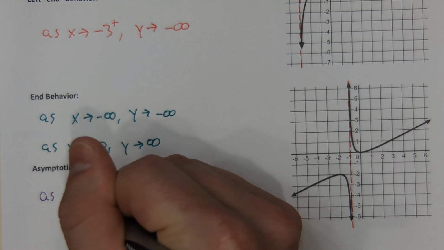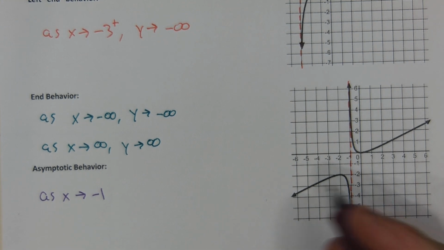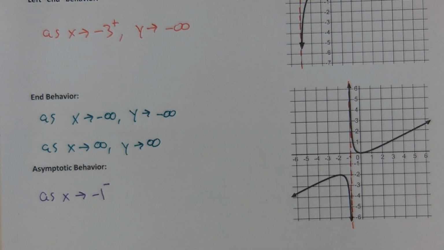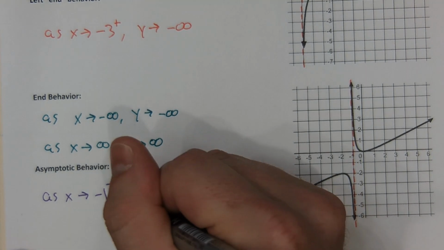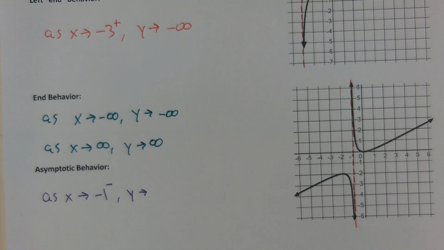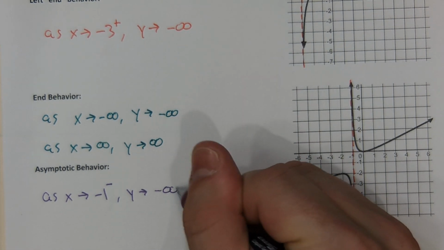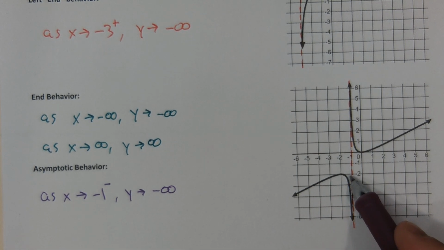As x approaches the number -1, but on the left side of -1, little minus sign means to the left of -1, so you'll never quite get there, but you'll always try. Your y values are heading towards down, negative infinity.